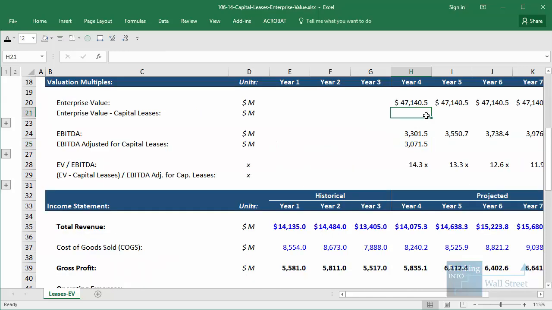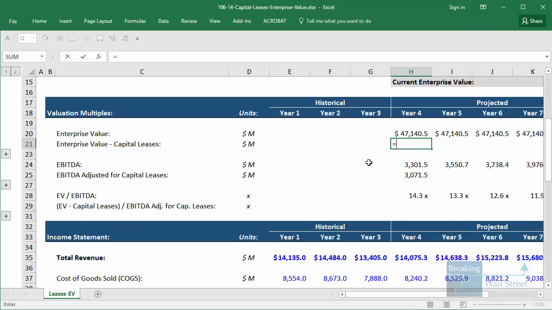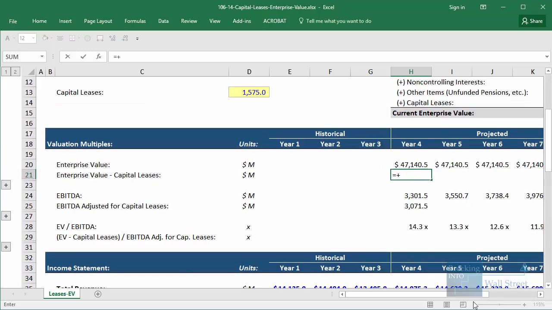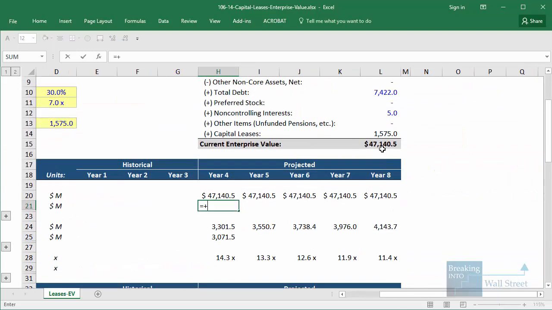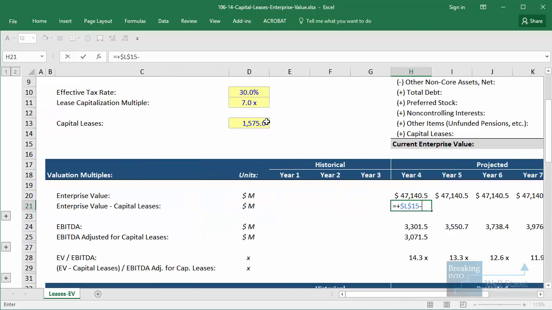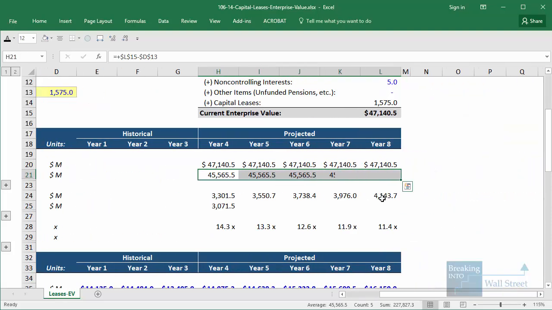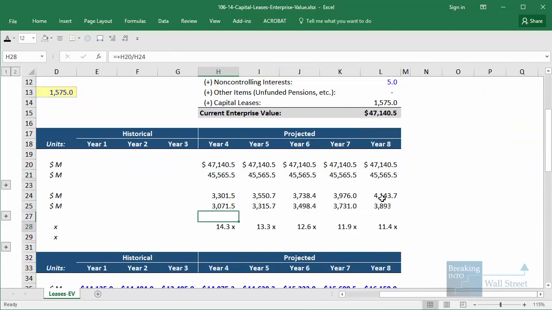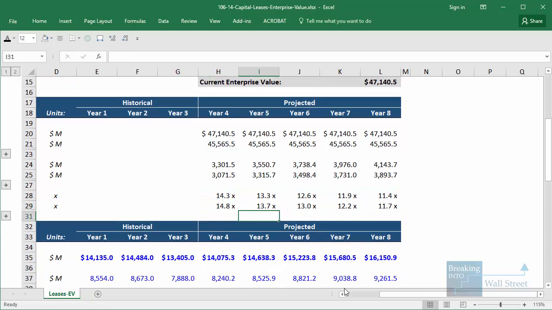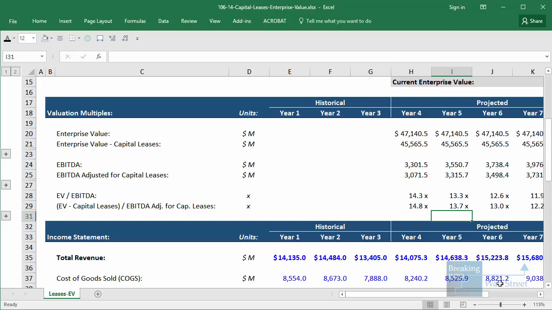And then instead of using the normal enterprise value metric, we'd have to take our enterprise value right here, and then we'd have to actually subtract the capital leases out. And so you can see now the multiples change slightly.